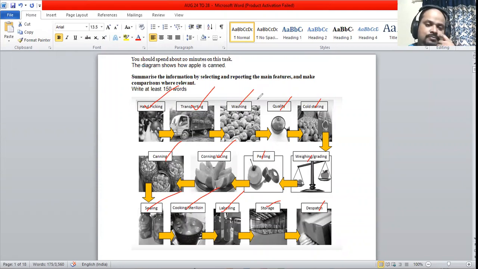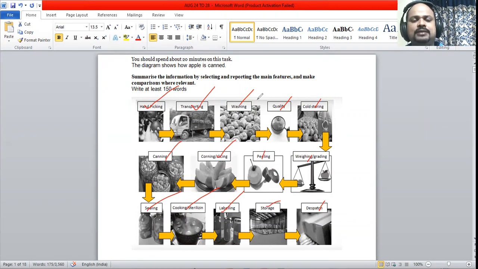Or else, in some of the tests, you won't have all these things written. So you need to see the picture and identify what that particular action is. For example, if you search, you'll get a process diagram of the brick making process, showing how bricks are made.